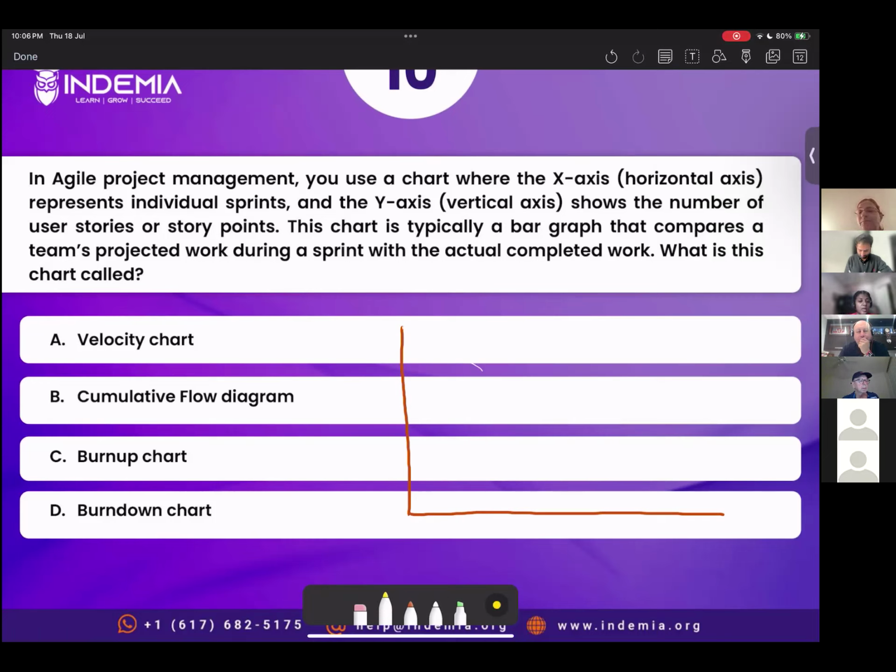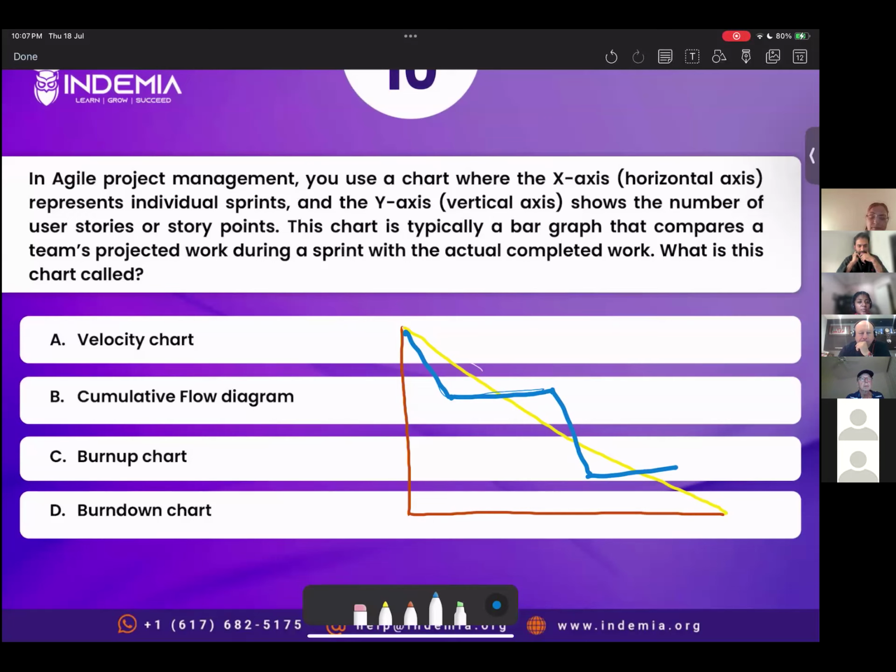So yeah, I chose option A because it is talking about the y-axis, which shows a number of user stories, and the x-axis represents the sprints, and then it is a bar graph. So it's basically the completed work, actual completed work, which is nothing but the velocity. All right.